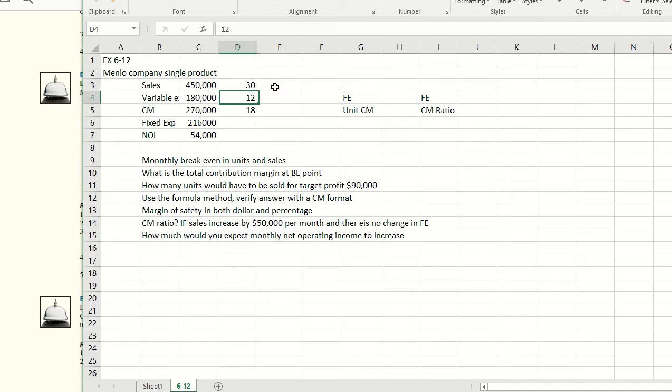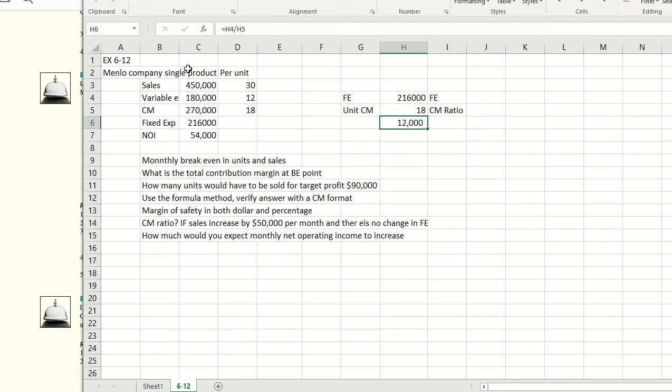Right now my contribution margin per unit would be 18, and my fixed expenses are 216,000. So to break even, I would need to sell 12,000 units. And we knew that they were selling 15,000 here, so that makes sense that they have to sell less because right now they have a $54,000 profit, right?